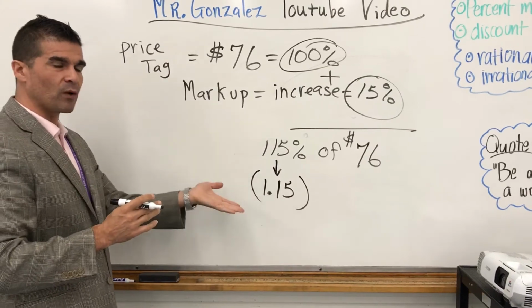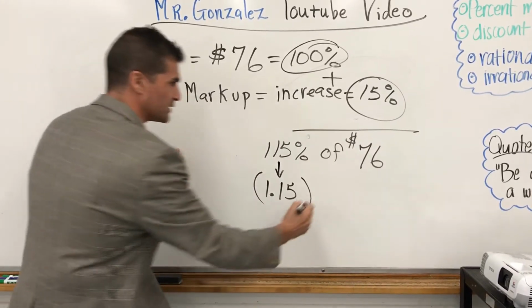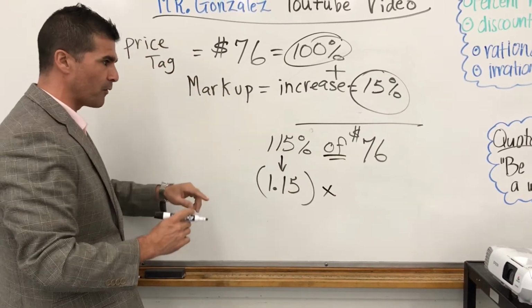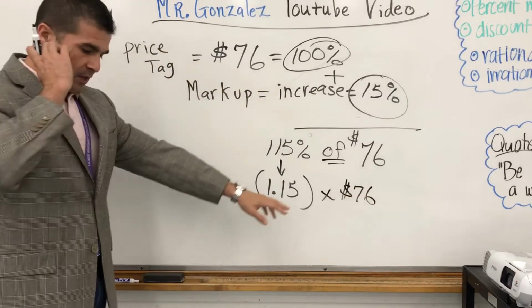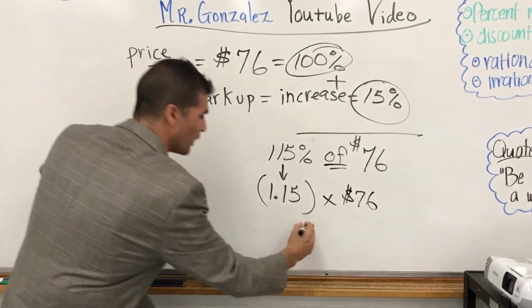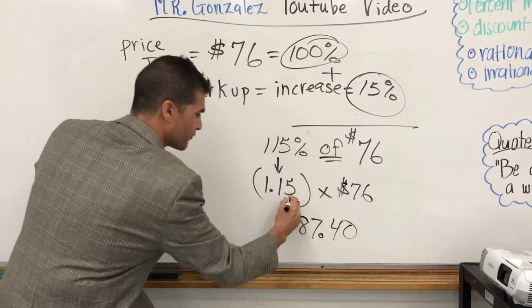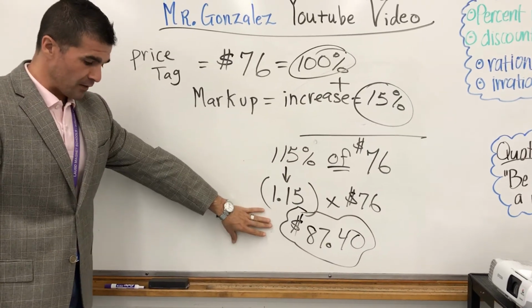Some of you guys like to say 1.15, but I really want you to get into the practice of saying 1.15. The word of means to multiply in math in this example, and we're going to multiply this by $76. This is going to give you a grand total of $87.40. See, this is a shortcut.